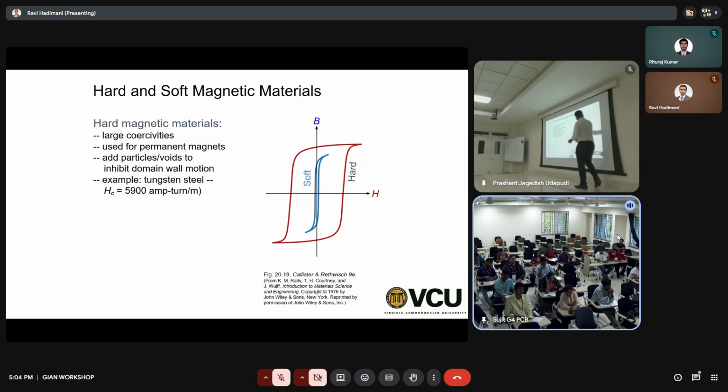So these are soft ferromagnetic materials, these are hard ferromagnetic materials, meaning they retain their magnetization. You need to really apply high coercive field in order to remove their magnetization. Whereas these are soft. Tiny amount of negative magnetic field will be enough to remove the magnetization here. So these are hard and that's soft.